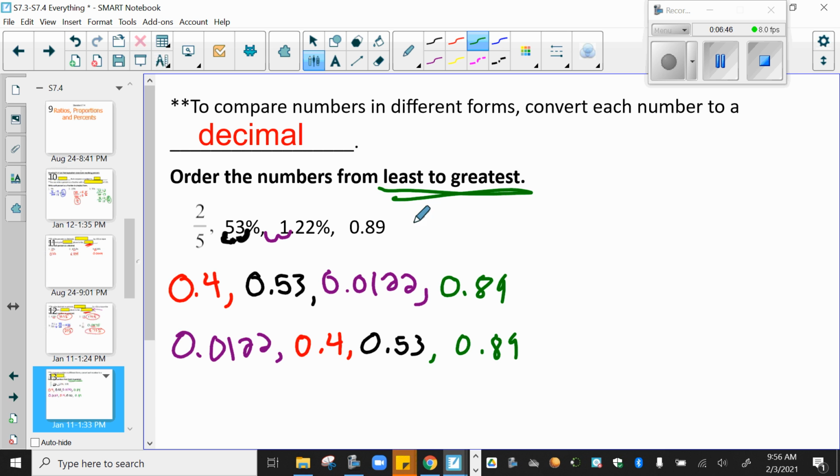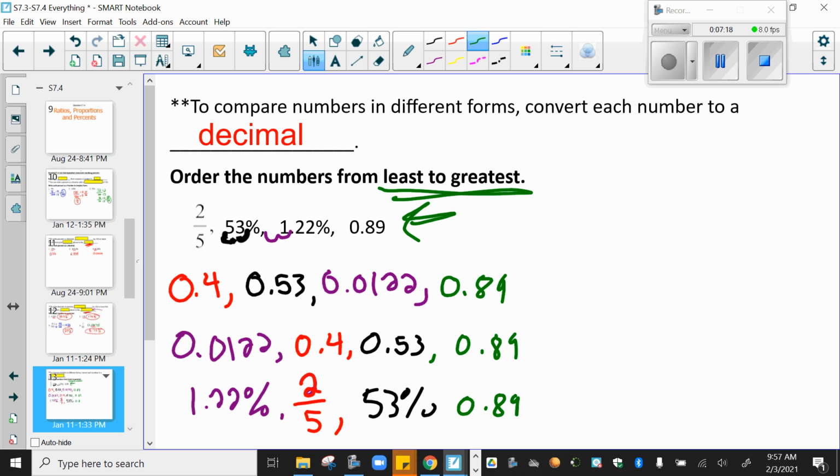And then because we wanted to order these numbers and not these numbers, we have to convert them back. So we're going to have 1 point, I forgot myself for a second there. 1.22% to 2/5, 53%, and 0.89.